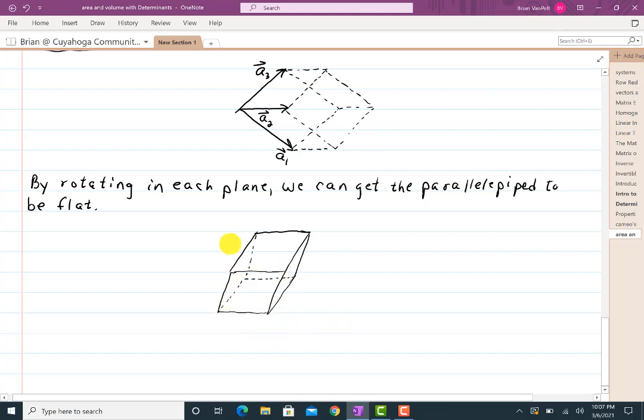Now, the way it's going to look on the XY axis will be something like this. I'll get it to where, let me see if I can get this to be straight up and down.